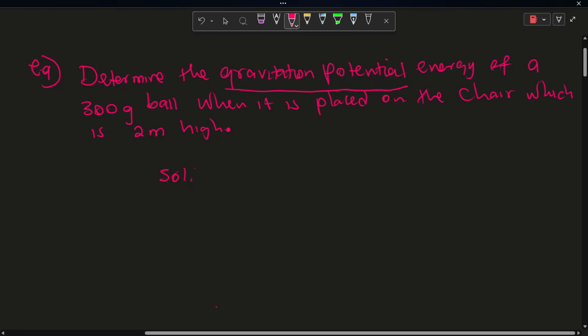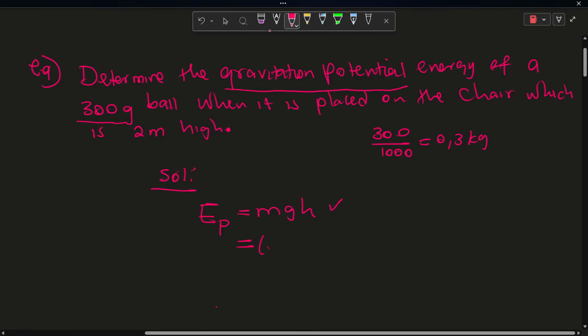Now you just come and say solution, you write the formula. EP is equal to mgh. You get a mark to write the correct formula. What is the mass? The mass should be in kg. So you just come here and say 300 divided by 1000. And then this is going to be 0.3 kg.